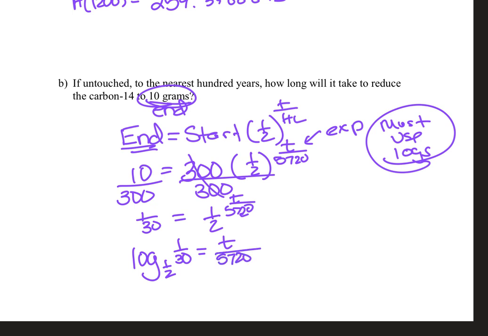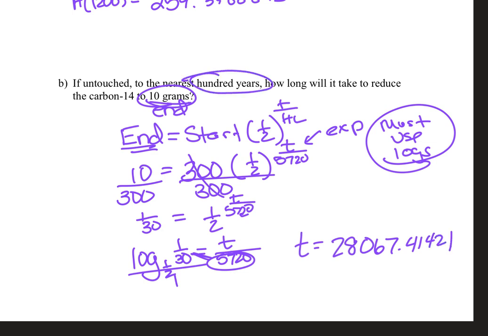Then we take this number, about 4.9068, and multiply it by 5,720, and we get 28,067.41421. They set it up to the nearest 100 years, so that's 28,100 years.